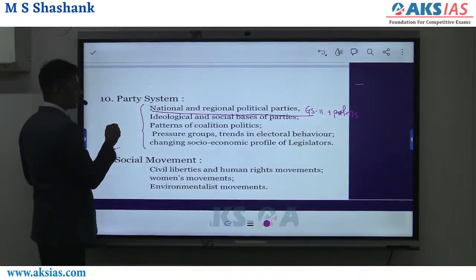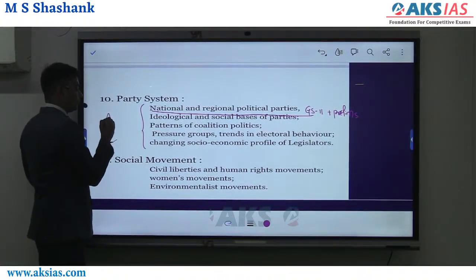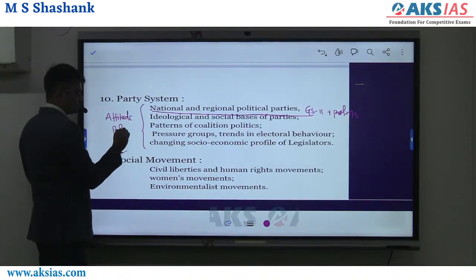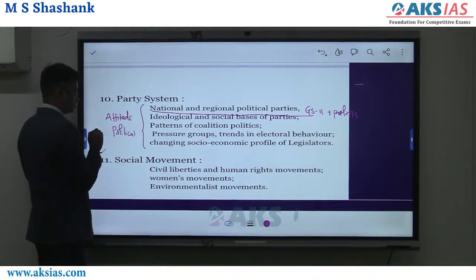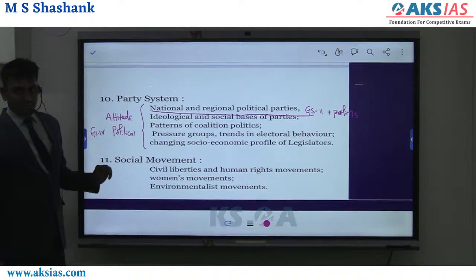The rest of the things can be used in political attitudes, GS paper 4.